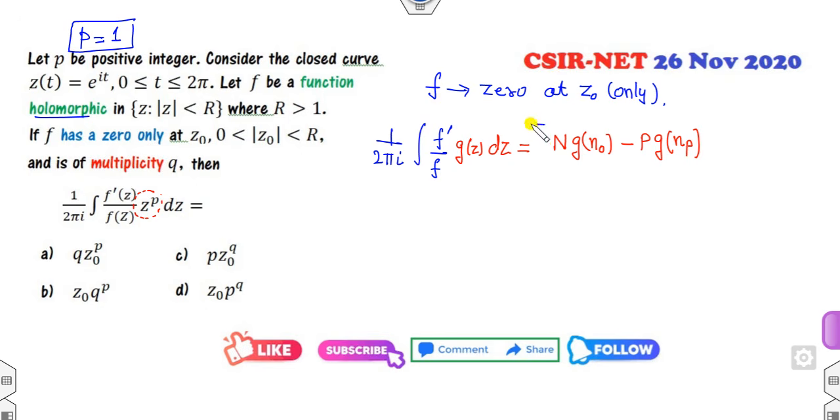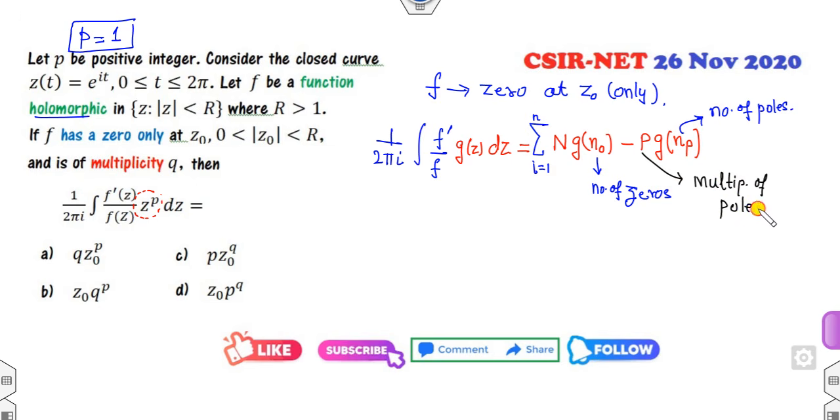If it has more than one pole, I can take it as a summation, i equal to 1 to the number of poles or zeros, where n0 is the number of zeros and np is the number of poles. This p is the multiplicity of the pole, and this n is the multiplicity of 0.